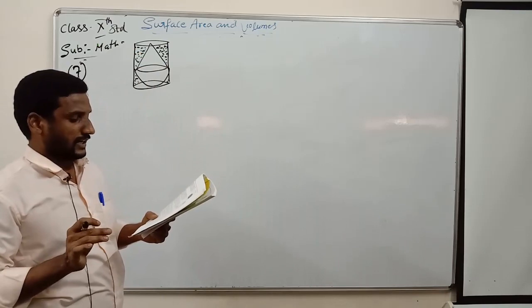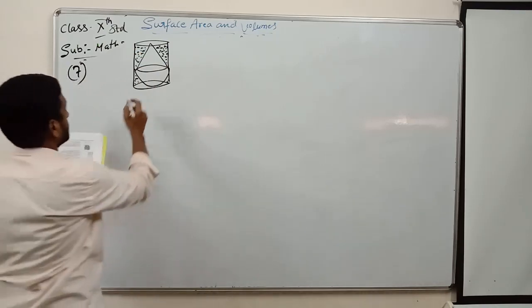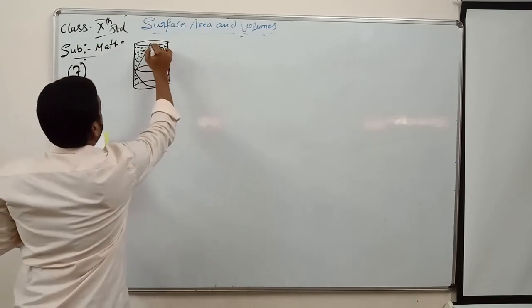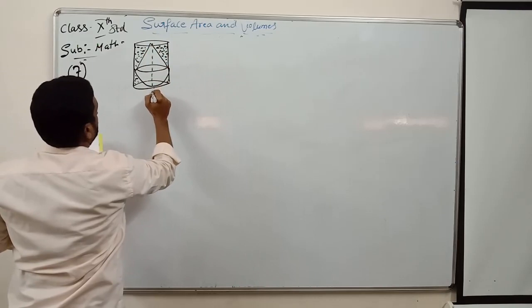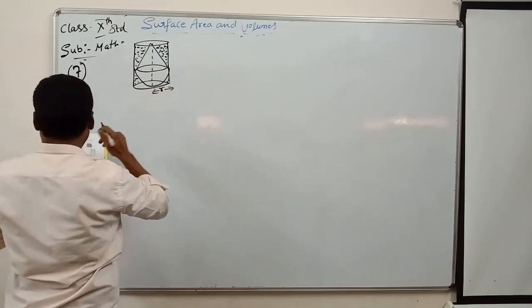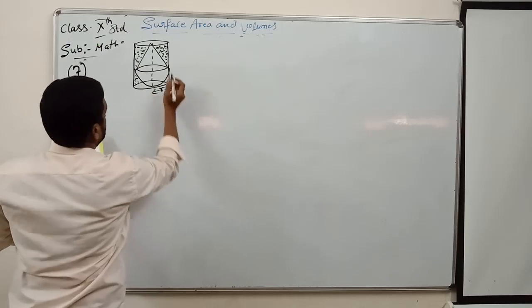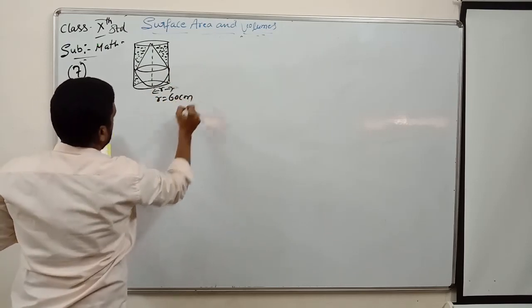If the radius of the cylinder is 60 centimeter, suppose this is the axis and the radius is here. This is R. What is the radius of the cylinder given here? R is equal to 60 centimeter.